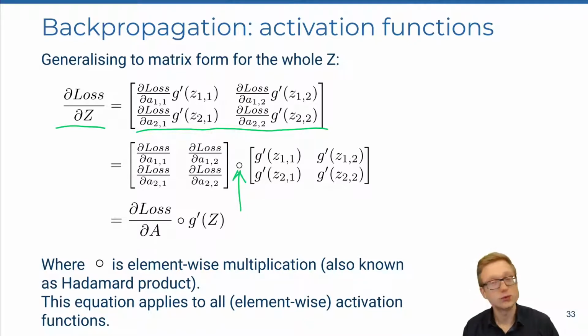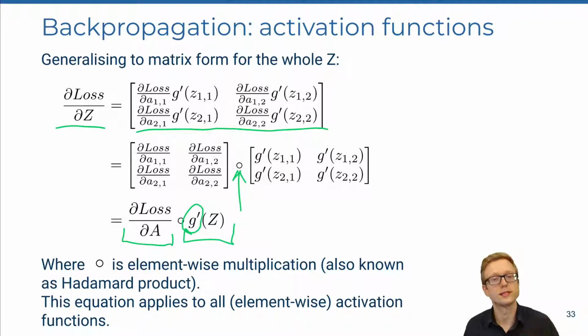And if we look at the matrices, then again, they look familiar to us. So this is just the partial derivative of the loss with respect to the output of the activation function. This is just the derivative of the activation function itself, given Z as input. This generally applies to all element-wise activation functions. The only thing that differs is this derivative over here.